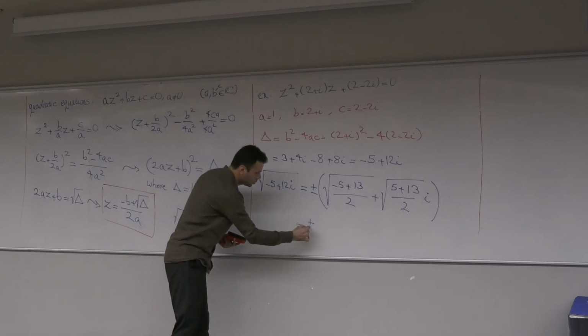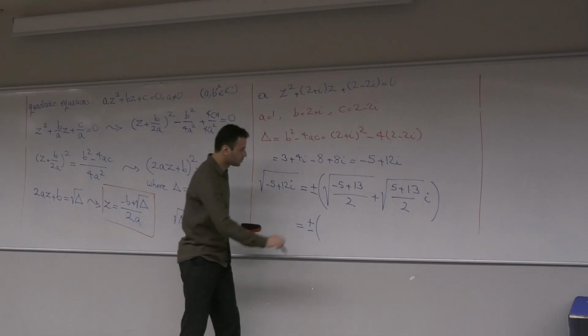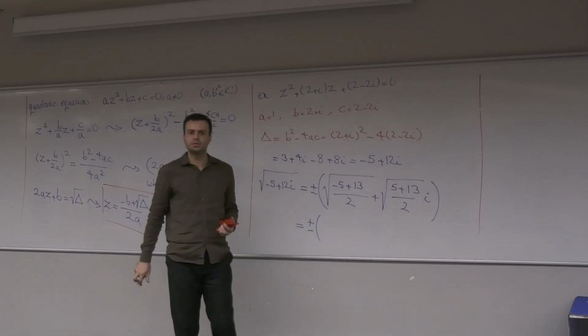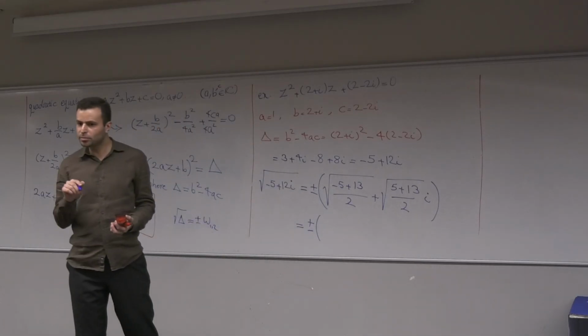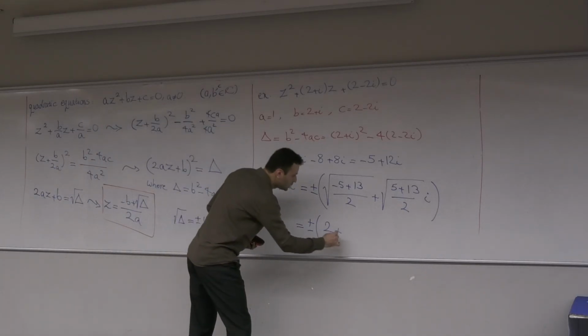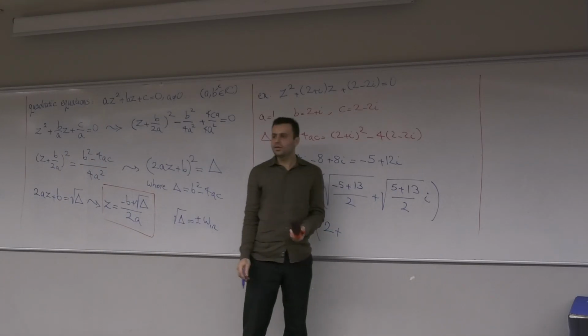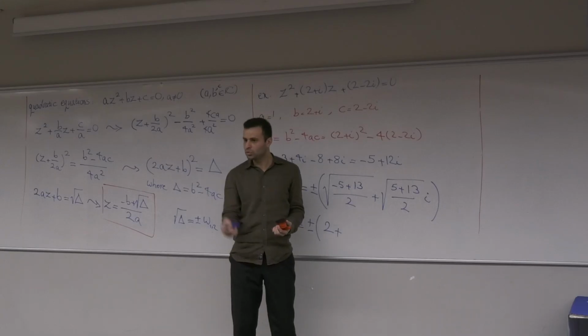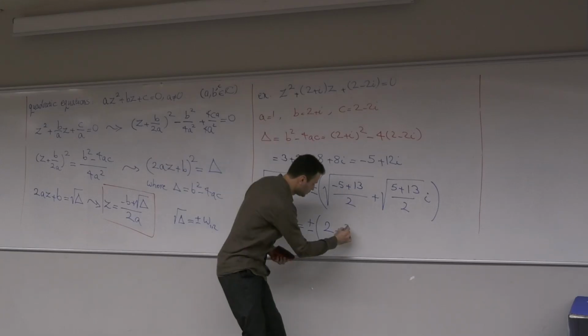Yes, of course. It is going to be plus minus of what? Minus 5 plus 13, 8 divided by 2, square root of 4. So this is 2 plus 5 plus 13, 18 divided by 2, 9, square root of 9, 3.